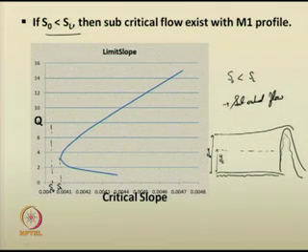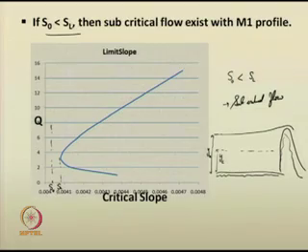This will be the gradually varied flow profile. In such a situation there will not be any transitional depths, because your bed slope is already less than the critical limit slope. So, it is a subcritical flow existing there.